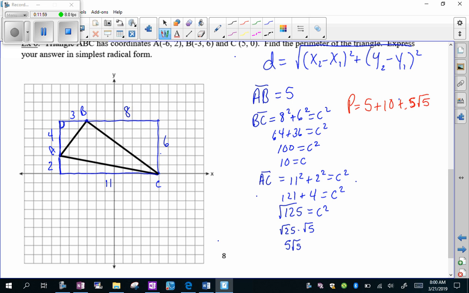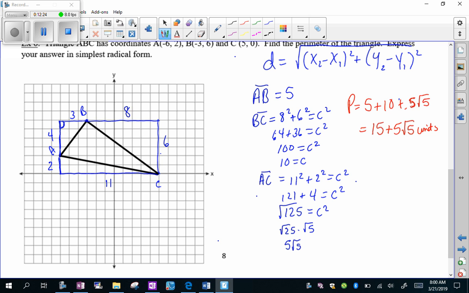Now what a lot of students would like to do is add that last 5 with the other 2 sides. You cannot do that. Those are different terms. So my answer is the perimeter is 15 plus 5 square root of 5, and then that's just units.